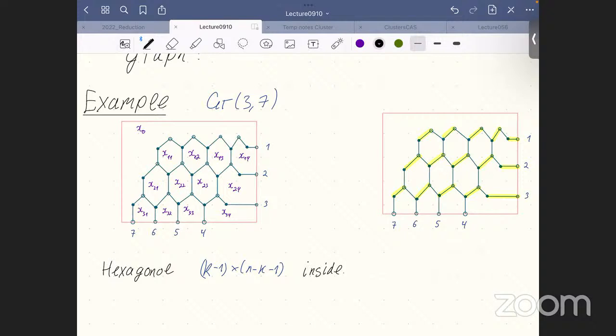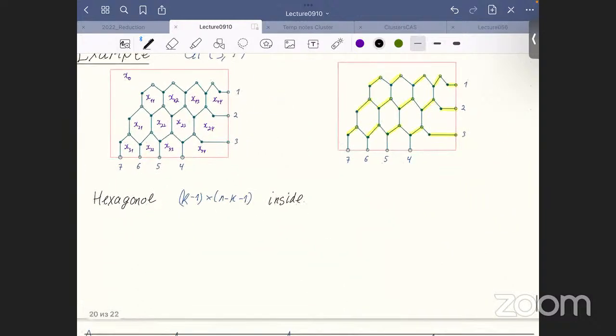Actually, we had the corresponding quiver two lectures ago, but maybe I will not stress this now.